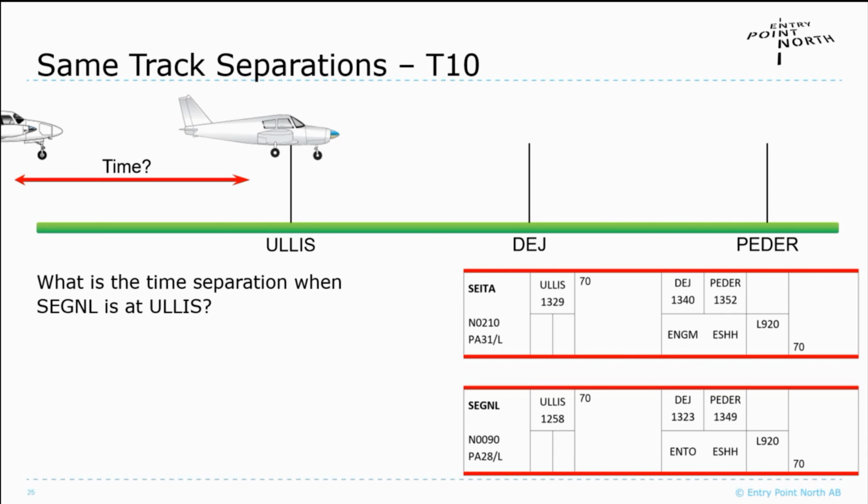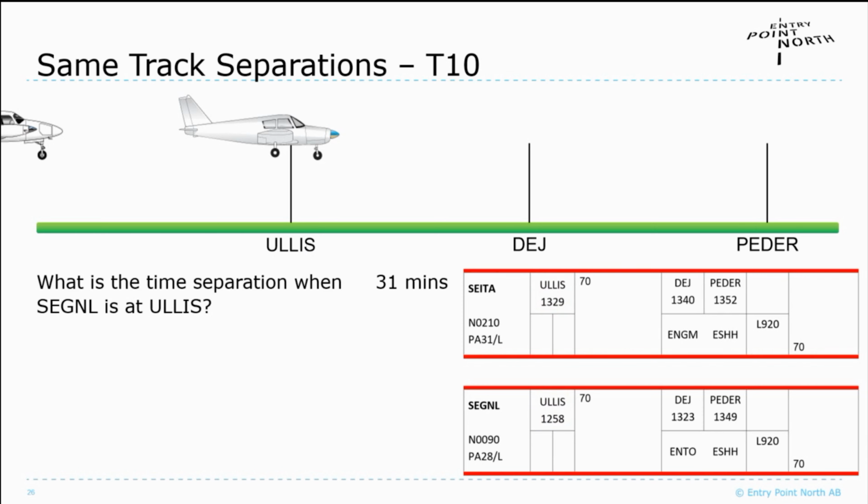So when Sierra November Lima is at Ulis, they are there at time 58. Sierra Tango Alpha is estimating to be there at time 29. So there is 31 minutes between those two estimates, which means that there is 31 minutes of separation between these aircraft. That is saying it's going to take Sierra Tango Alpha 31 minutes to fly to where Sierra November Lima was, which is Ulis.